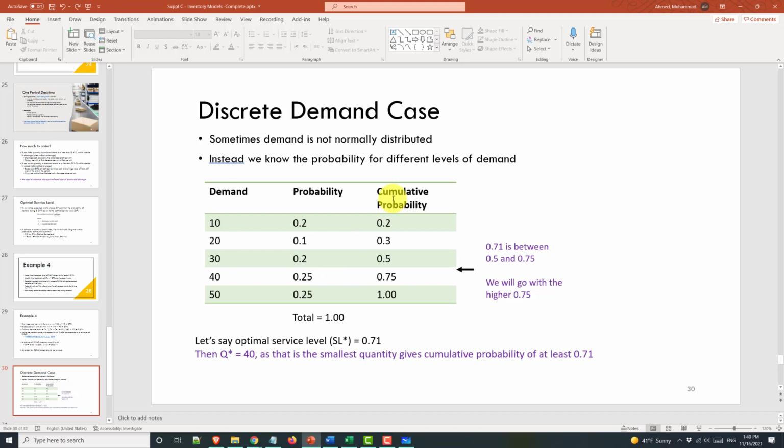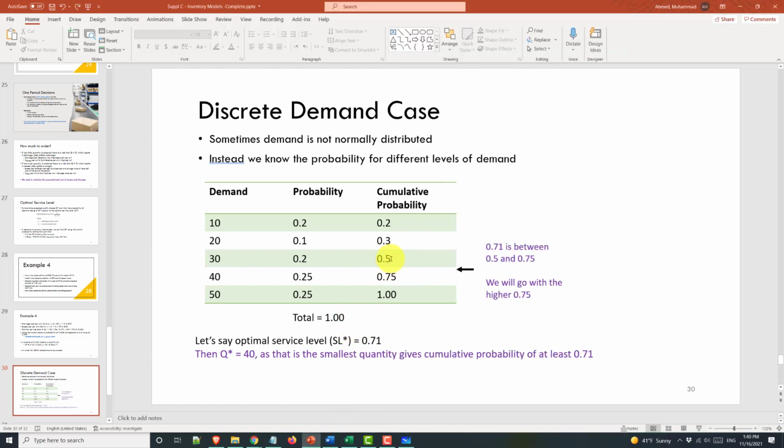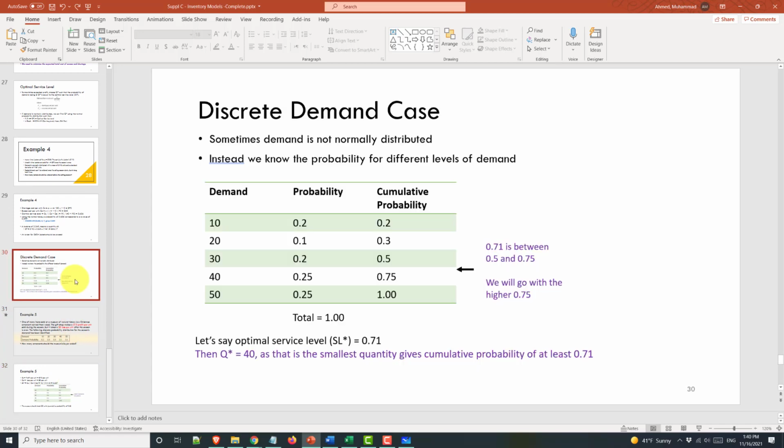In that case, you have to calculate this cumulative probability column, and then you have to see where your service level falls. So in this case, service level is 0.71. So 0.71 is between 0.5 and 0.75 in the cumulative column. And so you'll go with the quantity that corresponds to 0.75, the higher quantity, right? I do an example in the slides, so refer to the example in the slides in the lecture video for more details on that.